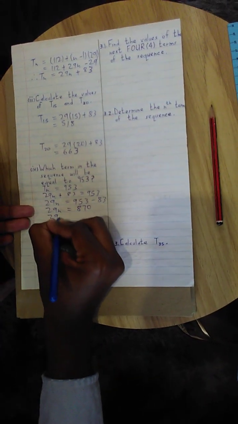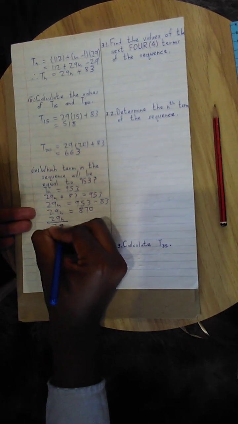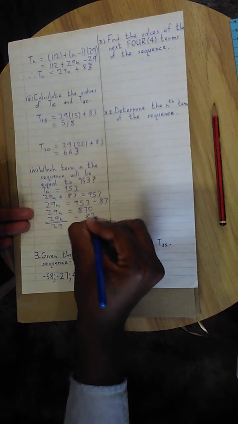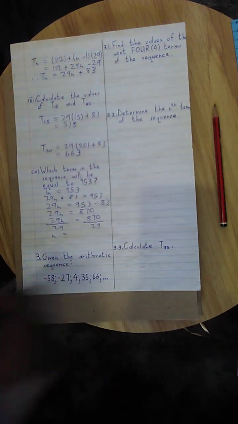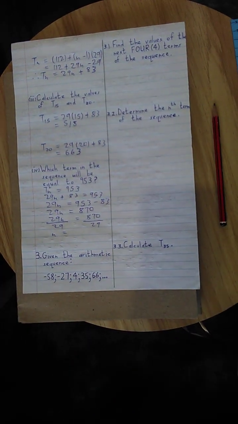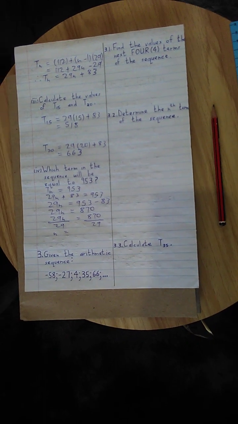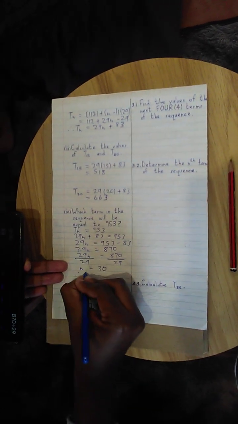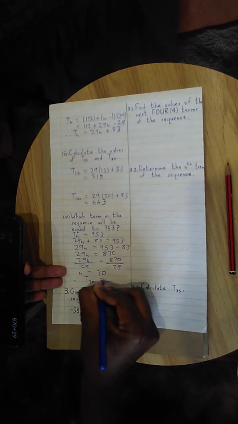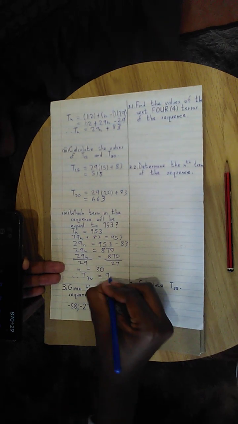Divide both sides by 29. n is 30. So T30 is equal to 953.